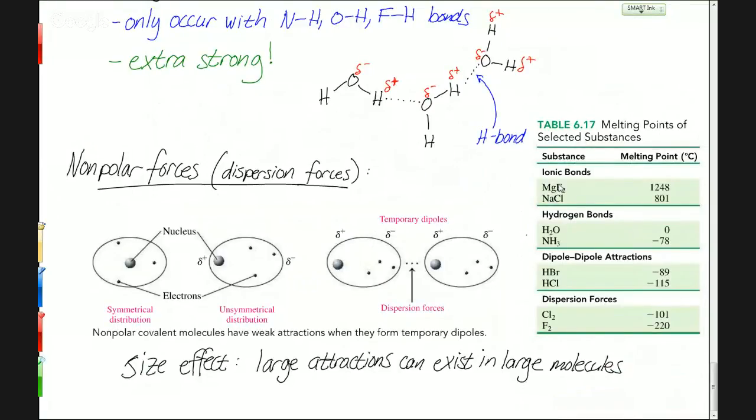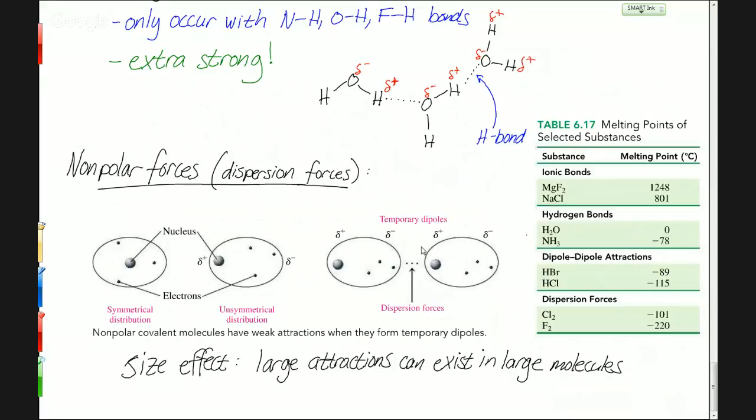So you can see ionic substances, when you have real fully charged ions attracting each other, that melting point is going to be really high because it's really hard to break those ions apart from each other. That's the strongest kind of force. Then we've got the hydrogen bonds, which are what we just talked about, a type of polar force in something like water or ammonia. And those melting points are much, much lower than ionic compounds.